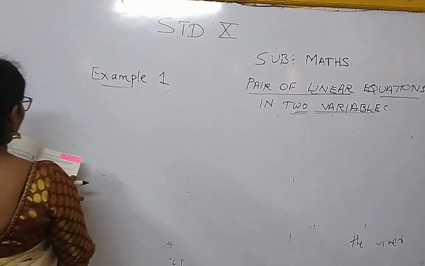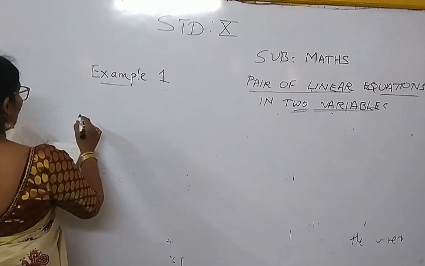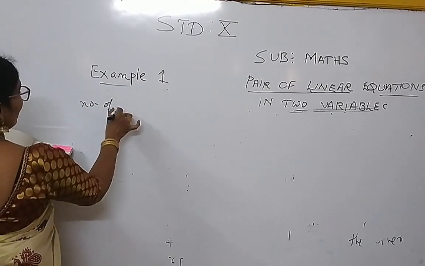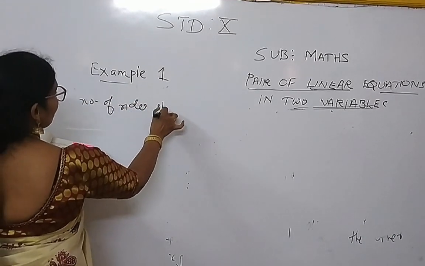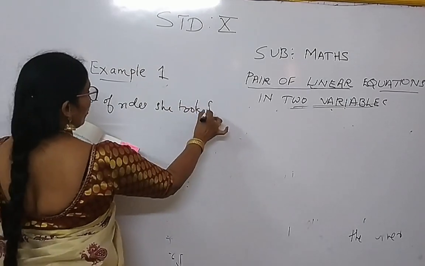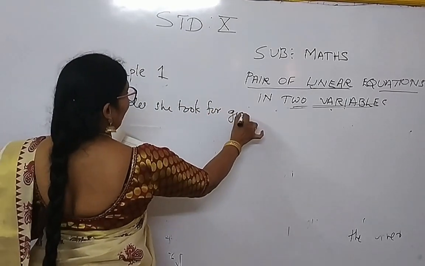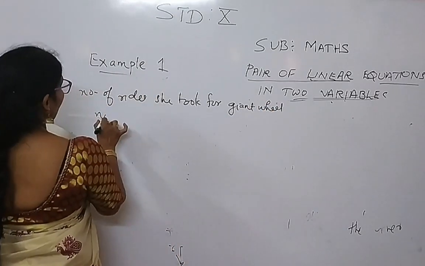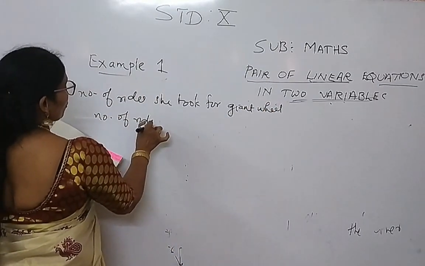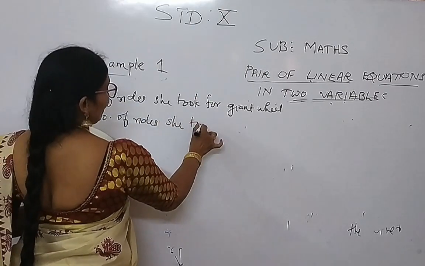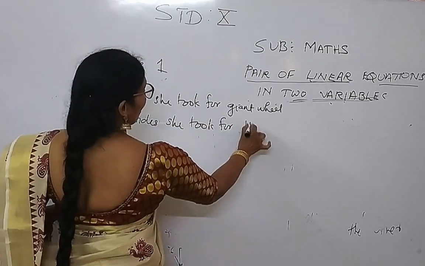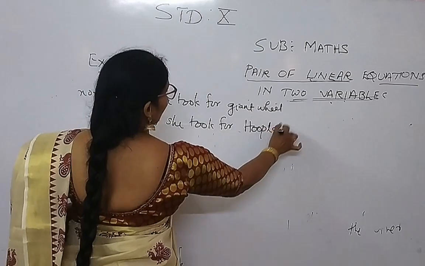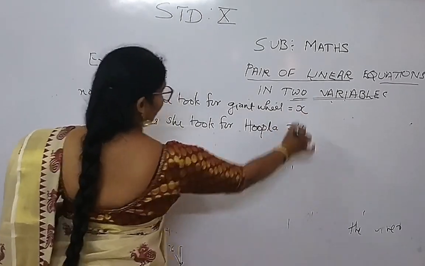Let us take the number of rides she took on the giant wheel and the number of rides she took on hoopla as x and y.